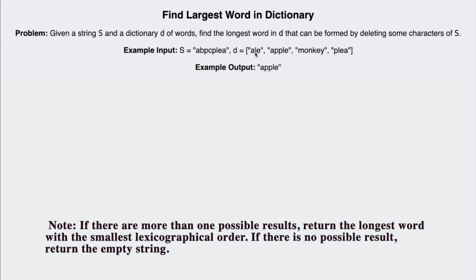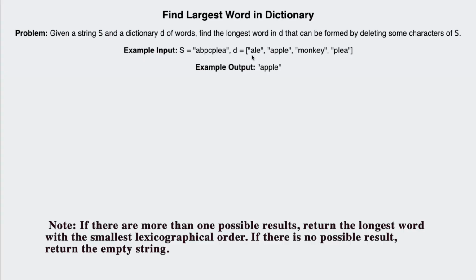A comes first, then I have L here, and then I have E here. So I can just delete the rest of the characters from in between and from the end, and I will be left with ALE. Hence I am able to form this word of the dictionary from this string by deleting some of its characters.